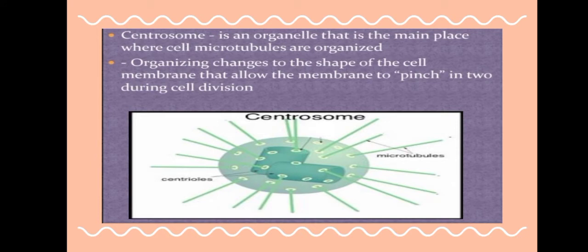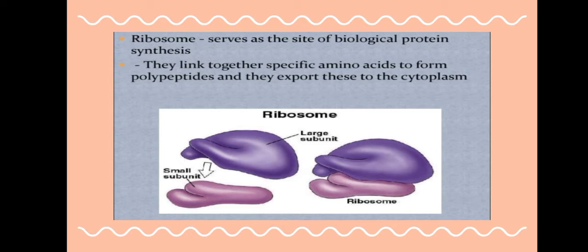This is an organelle that is the main place where cell microtubules are organized, and organizing changes to the shape of the cell membrane that allow the membrane to pinch in two during cell division. And next is ribosome. Serves as the site of biological protein synthesis, and they link together specific amino acids to form polypeptides, and they export these to the cytoplasm.